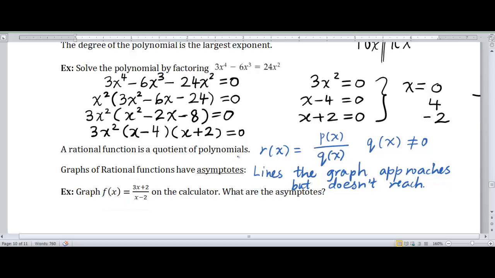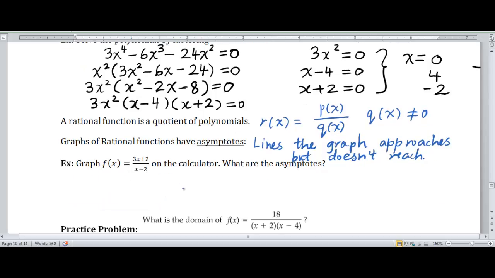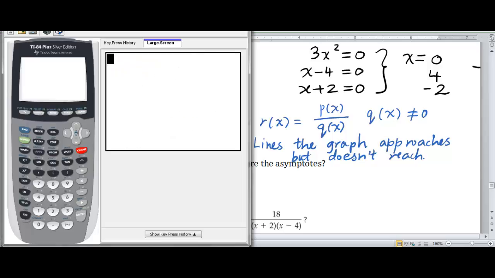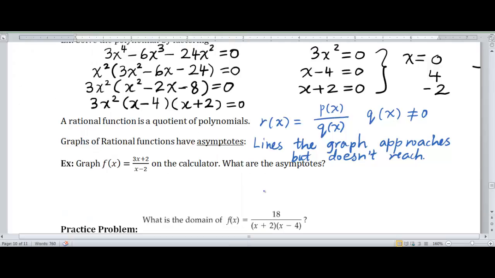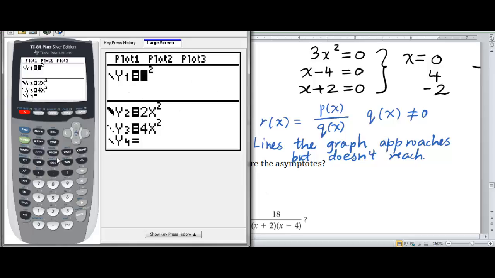So here's the question. Graph 3x plus 2 over x minus 2 on the calculator, and what are the asymptotes? So let me pull up my calculator here, and y equals 3x plus 2 over x minus 2.